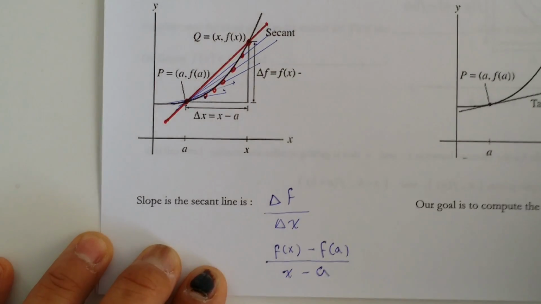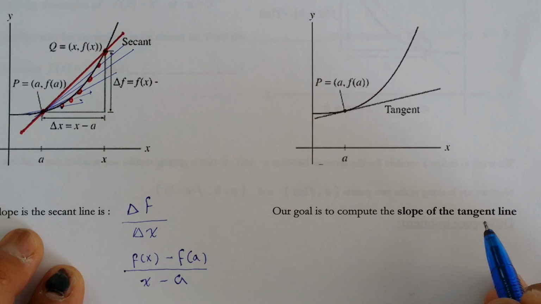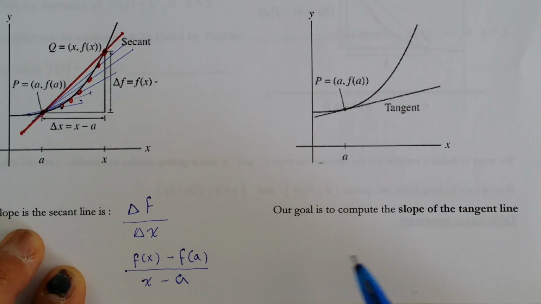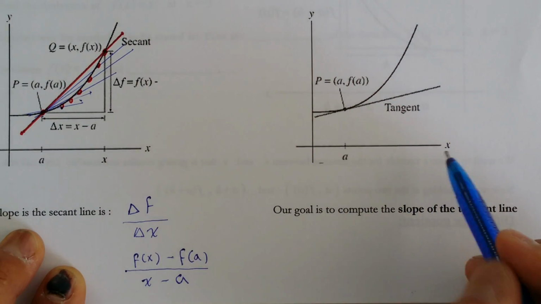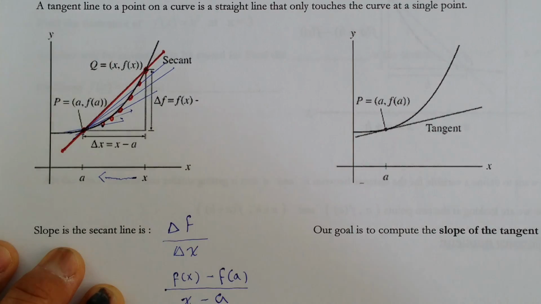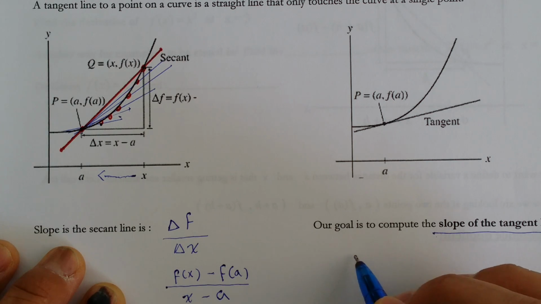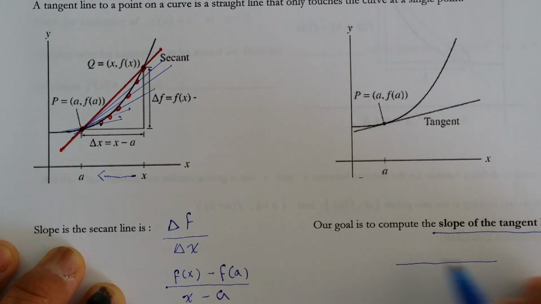So our goal here is to compute the slope of the tangent line. What we're going to do is take this function and drive this x value somewhere out here really close to a.